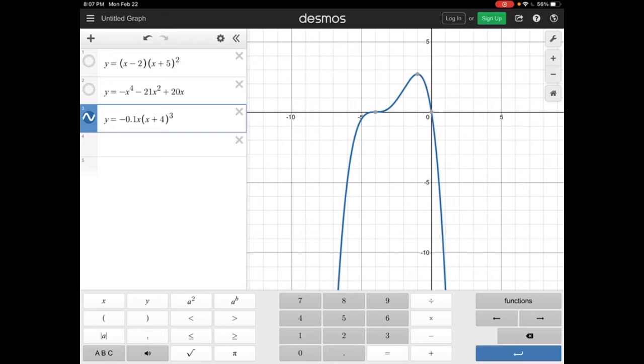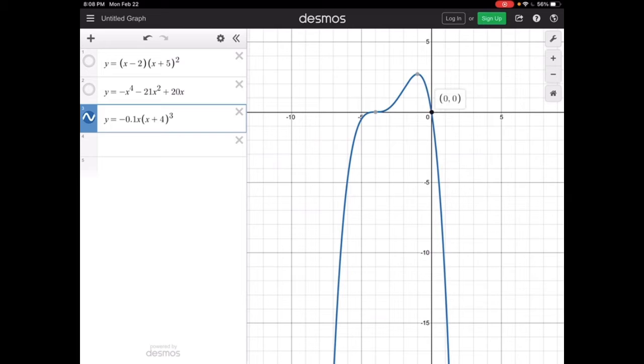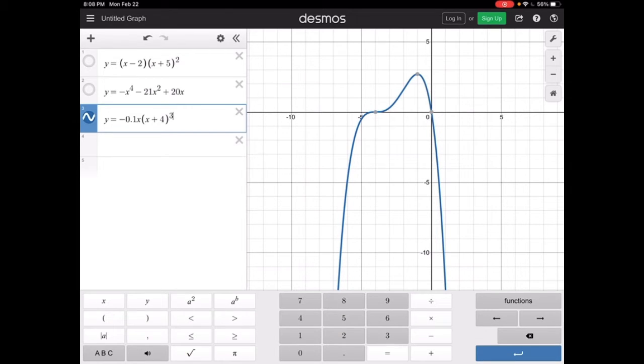And if you also look at here, we have 0.1x, and anything times x, if x is 0, is going to be 0. So that's why we have 0, 0, which is the origin, as one of our x-intercepts. And our other intercept is negative 4, 0, because x plus 4, if you set that equal to 0, you'll get x is equal to negative 4. And here, you can see that there's a degree 3.